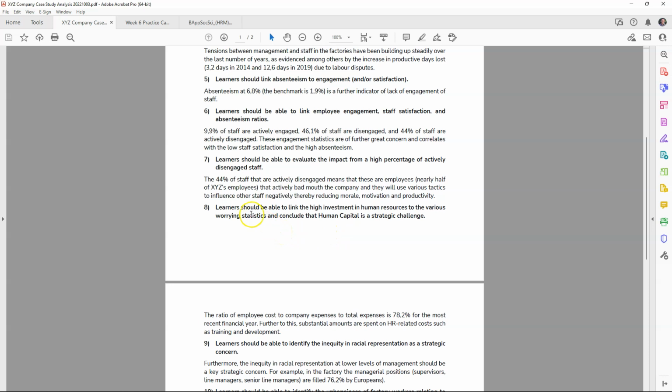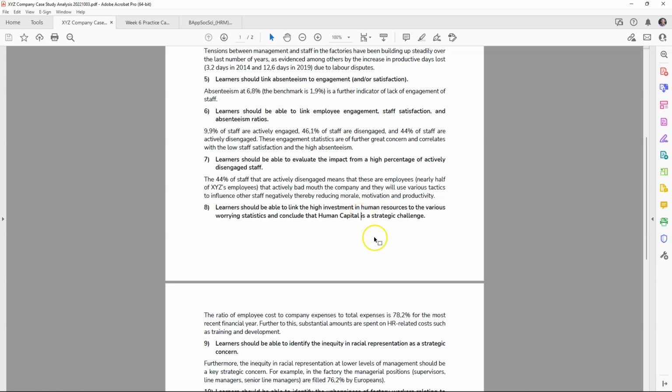And then you also can make an overall point about the high investment in human resources, for example, as illustrated by, I think, something like 78% of the total expenses relating to human cost and total employee cost to company. That doesn't necessarily mean that people are paid a lot.